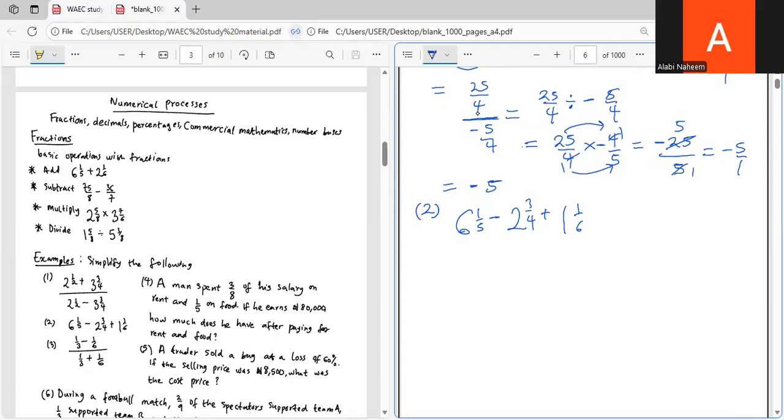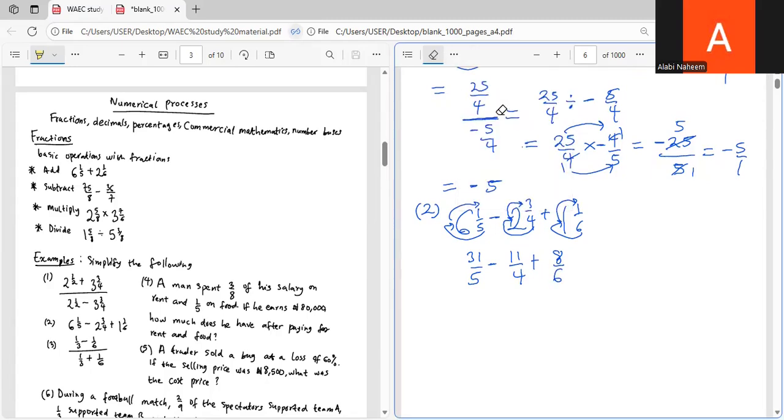And we already know how we do that. 5 times 6, 30, plus 1, 31. 31 over 5. Then minus, here also, the denominator times the whole number. 4 times 2, 8, plus 3, 11. 11 over 4. Then plus 6 times 1, 6, plus 1, 7. 7 over 6.